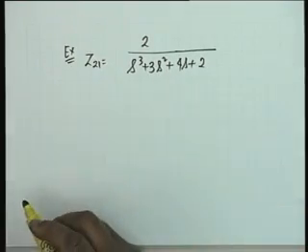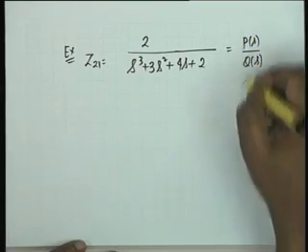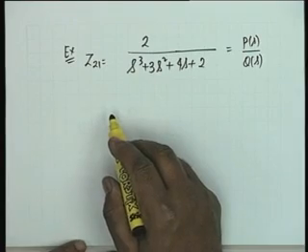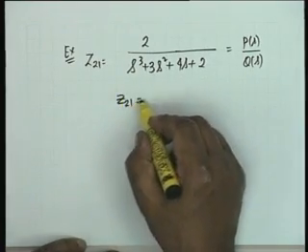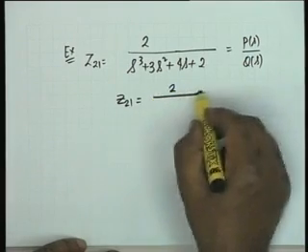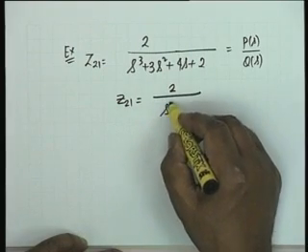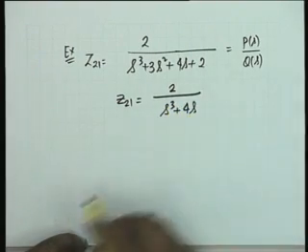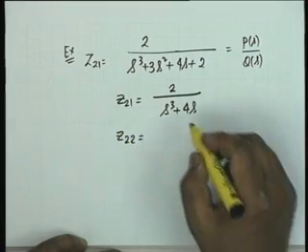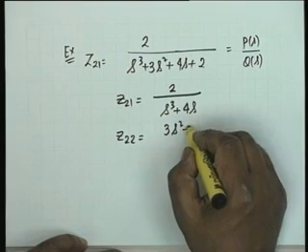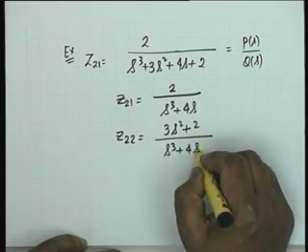You notice that if we write this as P of s by Q of s, then P of s is purely even, and therefore you identify small z21 as 2 divided by the odd part of the denominator, that is s cubed plus 4s. And you identify Z22 as the even part, 3s squared plus 2, divided by s cubed plus 4s. Is this okay?